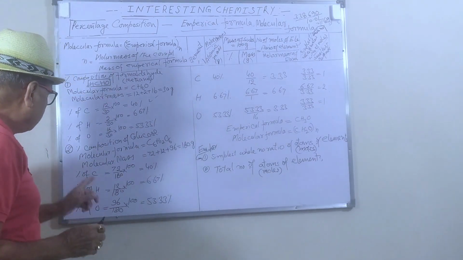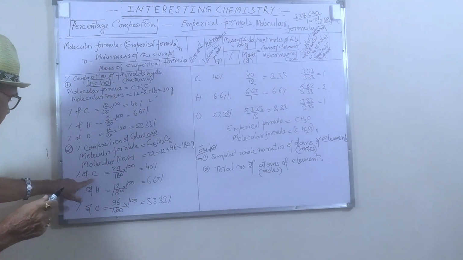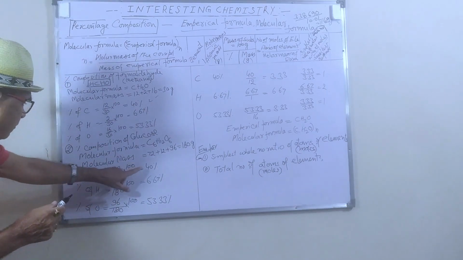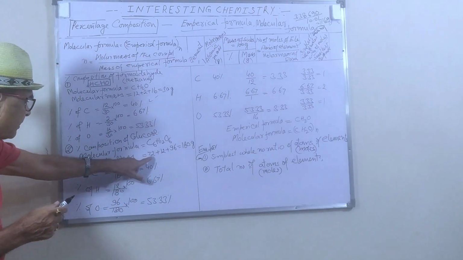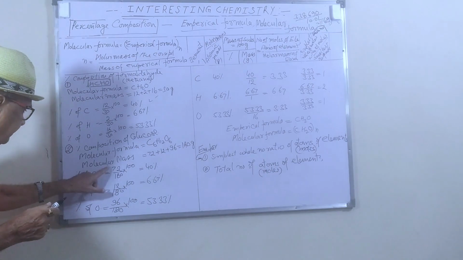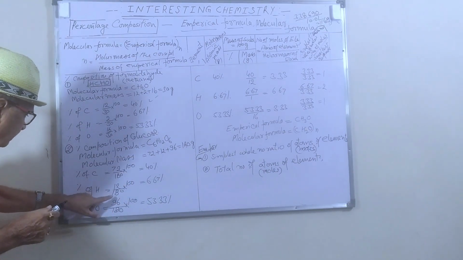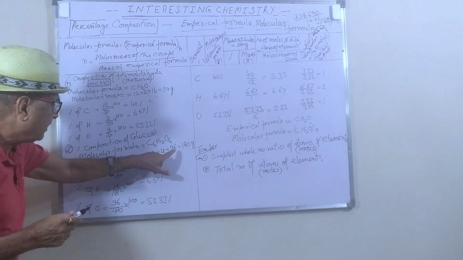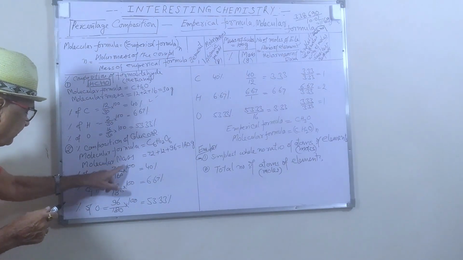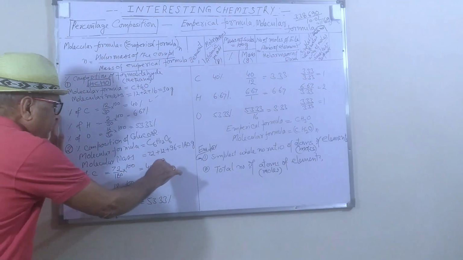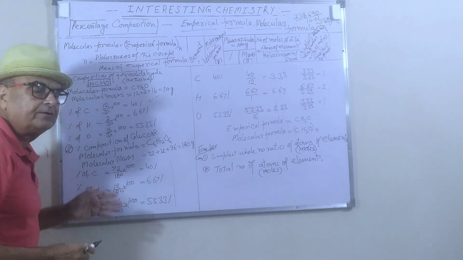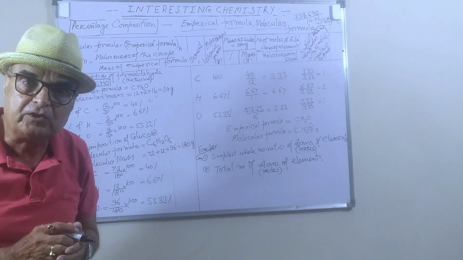And again you will get the percentage of carbon, 40%, because 72 upon 180, 12 upon 180 and 96 upon 180, into 100. So this is the percentage composition of glucose.